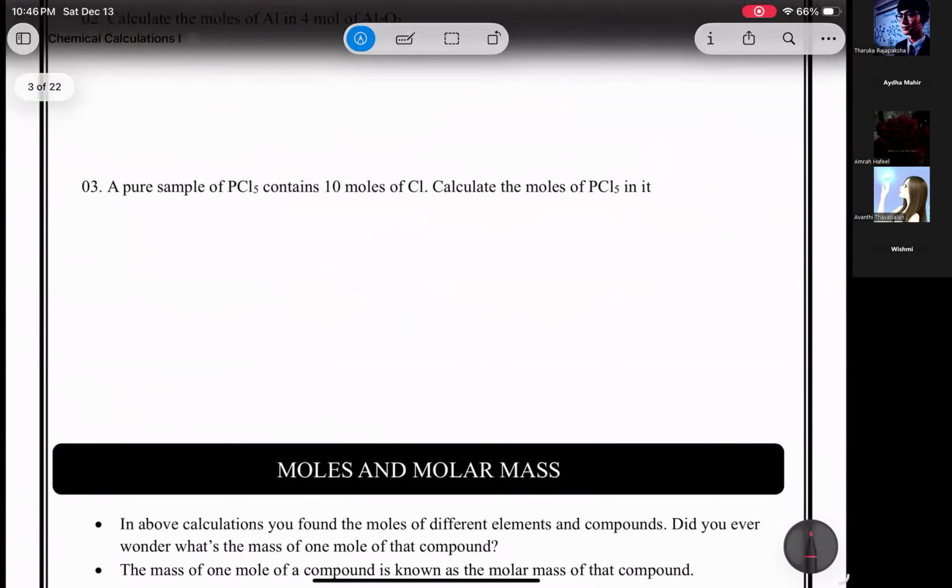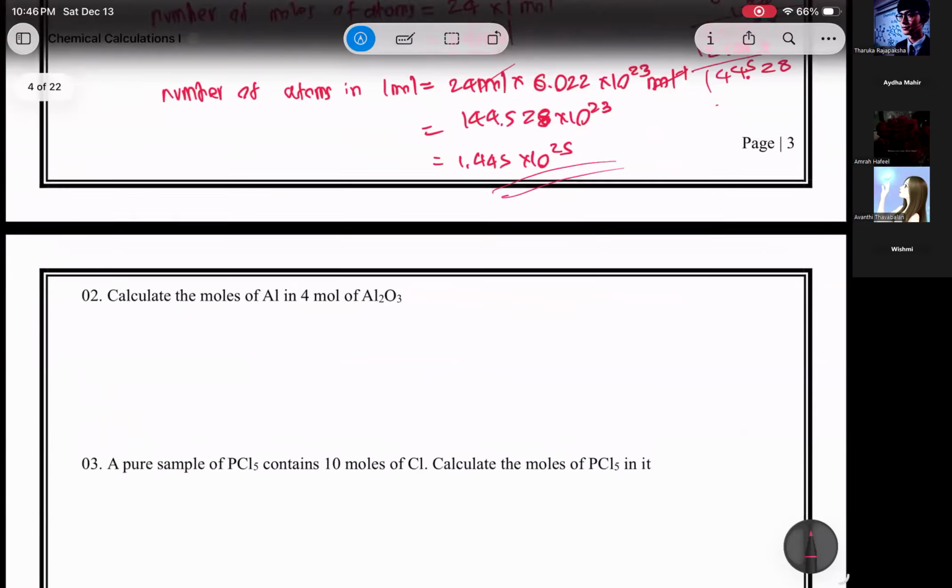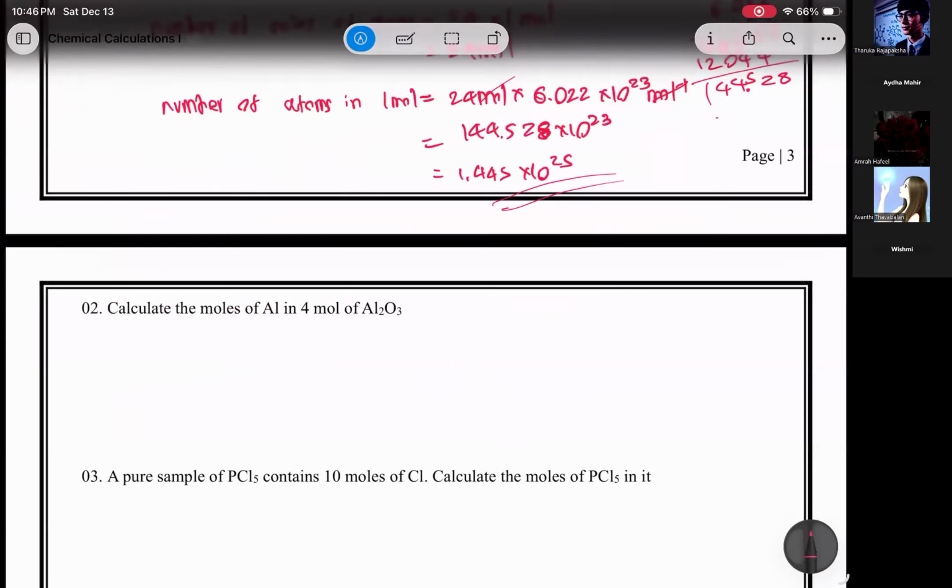And then next, the second one: calculate the moles of aluminium in 4 moles of Al2O3. I'll do it quickly. Everyone in the meeting should answer. Now only a few people have been answering, so everyone in the meeting should be answering the questions. I'll give you 1 minute.